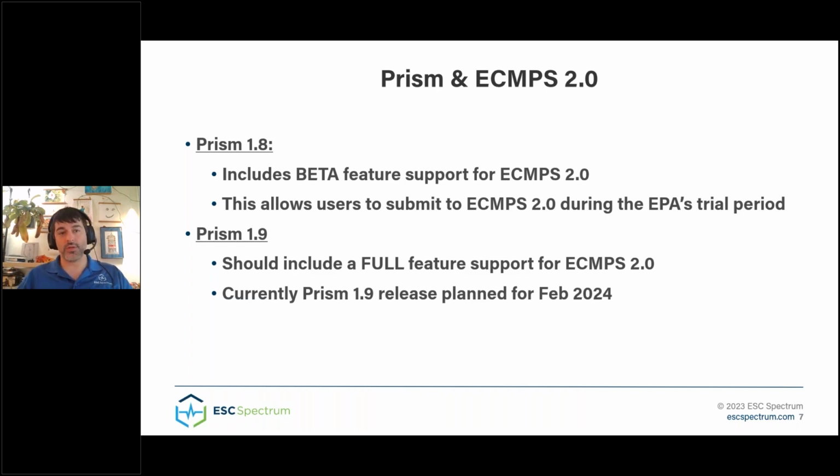So in Prism 1.9, it's going to be full feature support for ECMPS 2.0, meaning that by 1.9, we plan to fully support ECMPS 2.0. You should be able to report to that system from Prism 1.9. Now, currently, 1.9 is planned for around February of 2024.